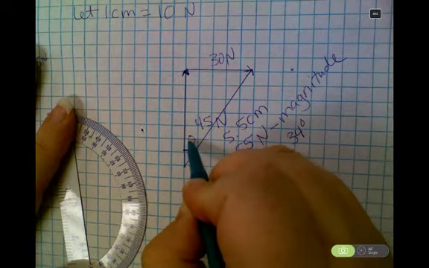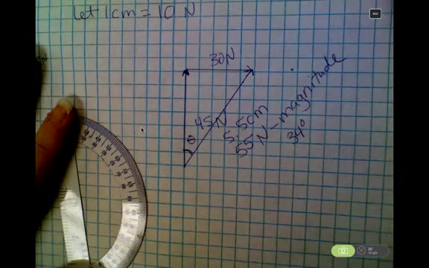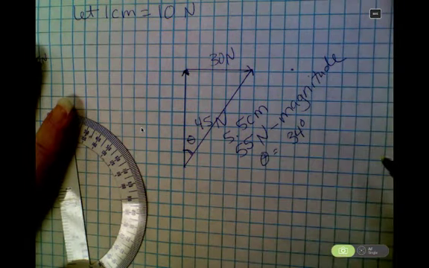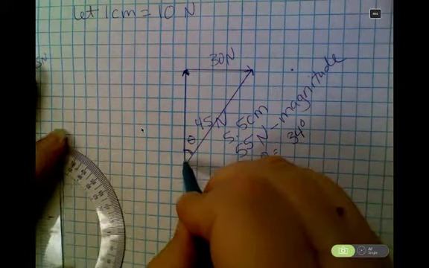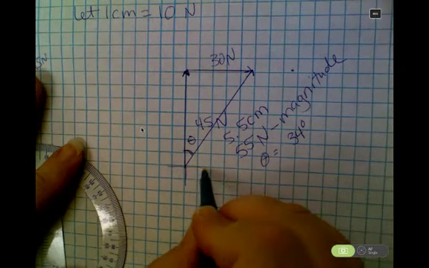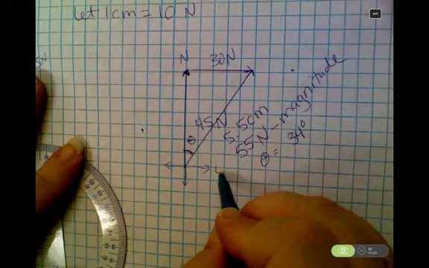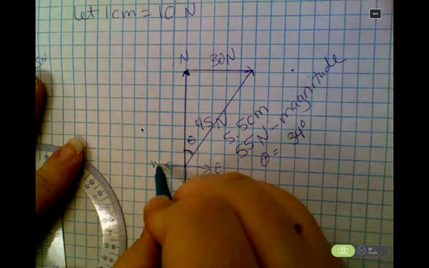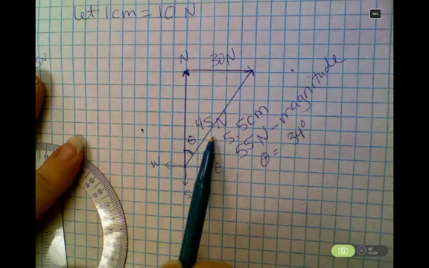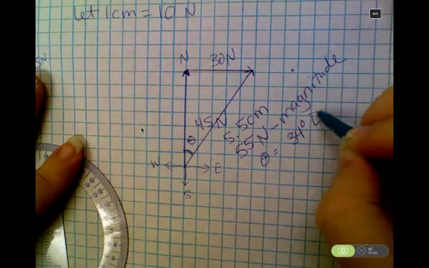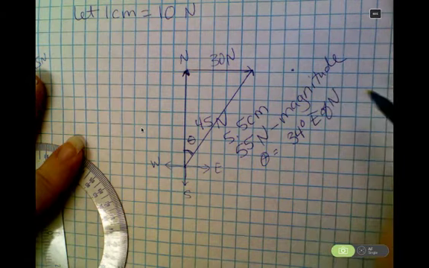In physics, we represent that with the Greek letter theta. So our angle is 34 degrees. And if we made our compass rose, right here, this is north, this is east, we've got south and west. I am east of the north line, so I'm 34 degrees east of north.